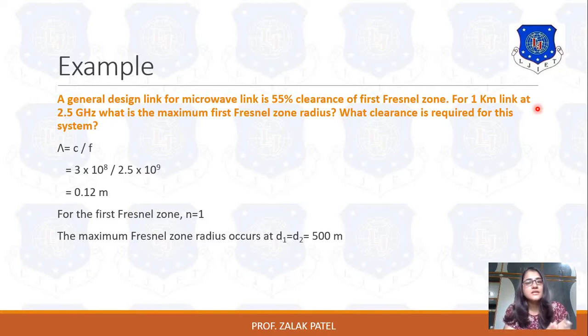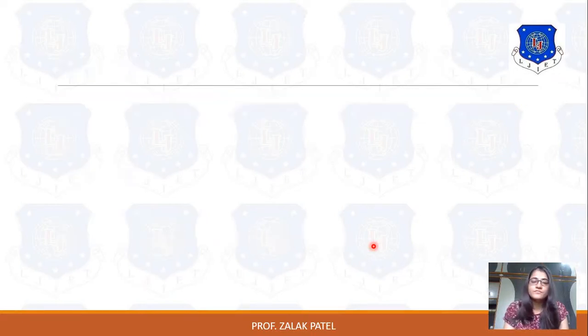We take the distance from transmitter to obstacle as 500 meters, and the distance from obstacle to receiver also as 500 meters. If 2 kilometers were given, we would simply divide 2 kilometers by 2, so 1 kilometer each from transmitter to obstacle and from obstacle to receiver. Here 1 kilometer is mentioned, so we divide it into half and get d1 equal to d2 equal to 500 meters. Now we put all these values into the equation of Rn.